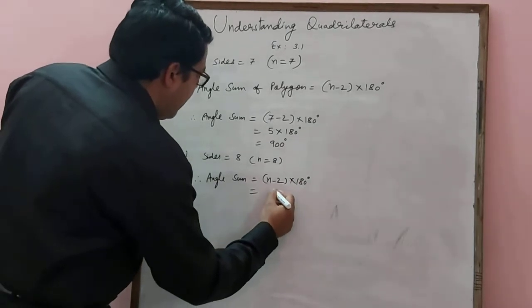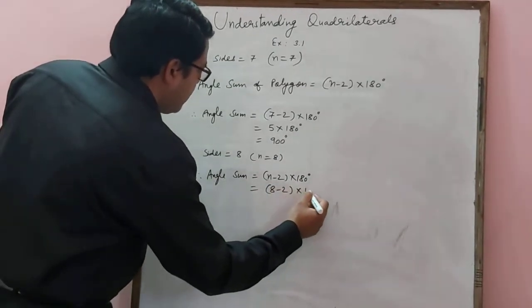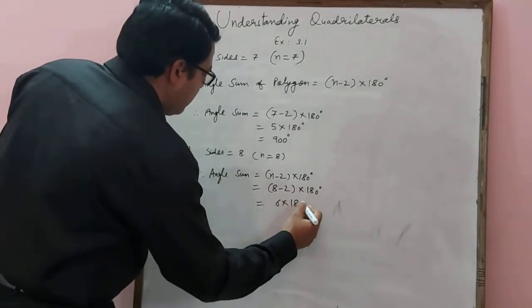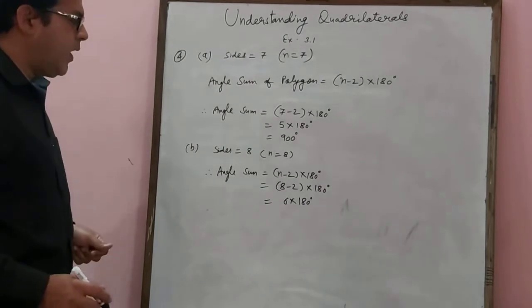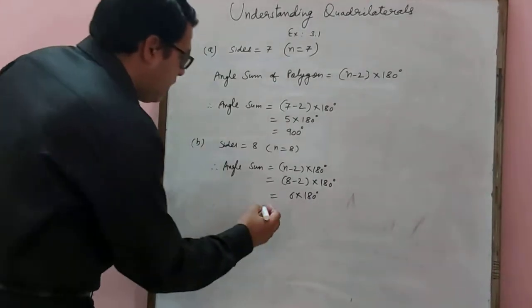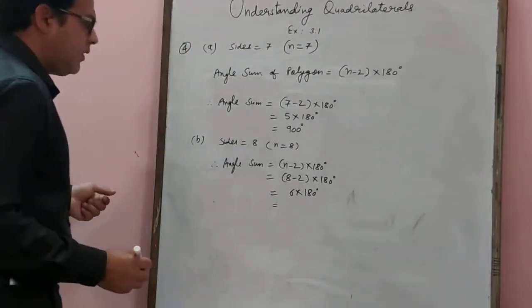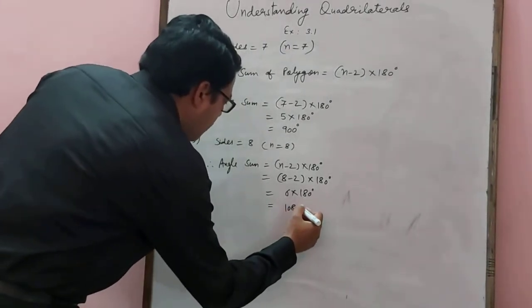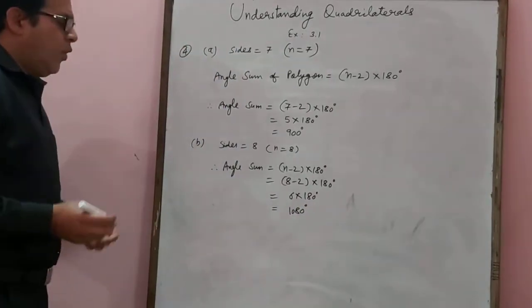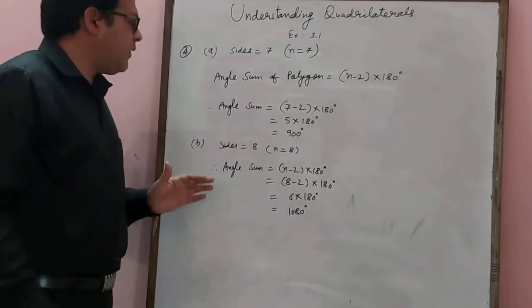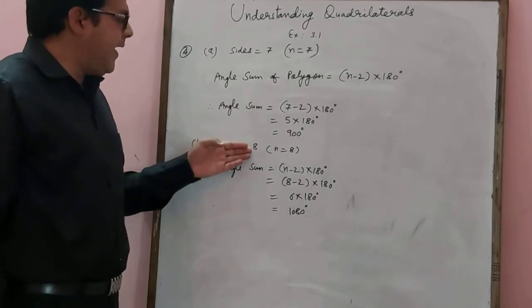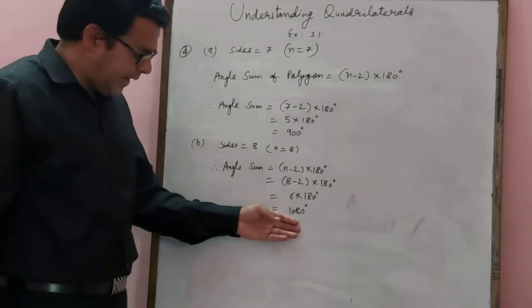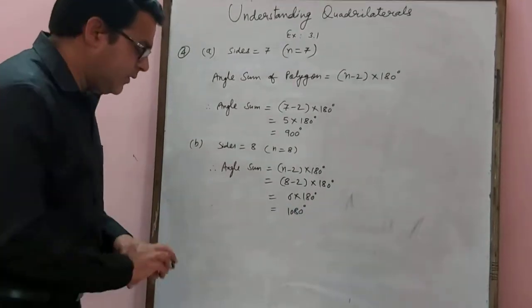N is 8, so 8 minus 2 into 180, therefore it is 6 into 180. Now 18 sixes are 108, and one more 0 we can add here. So the angle sum for the polygon which has 8 sides, that is an octagon, is 1080 degrees. Got it?